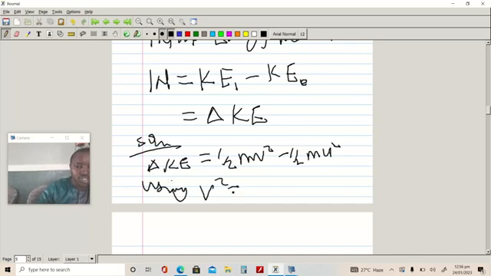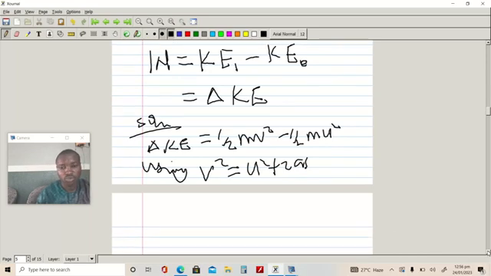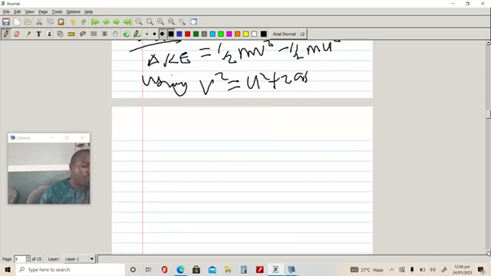v squared, which is equal to u squared plus 2as. So we want to get the value for v first because we know the u. So we want to get the value for our final velocity.